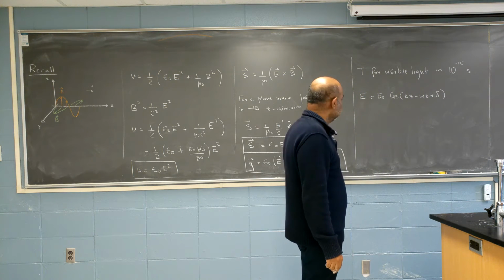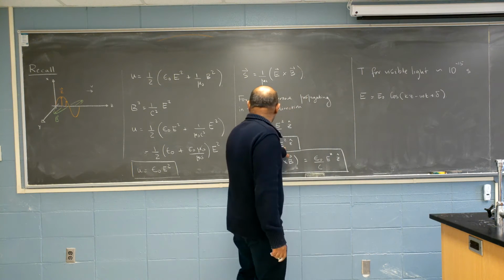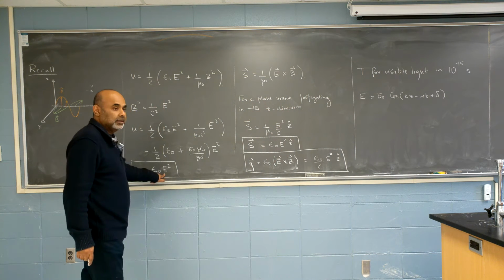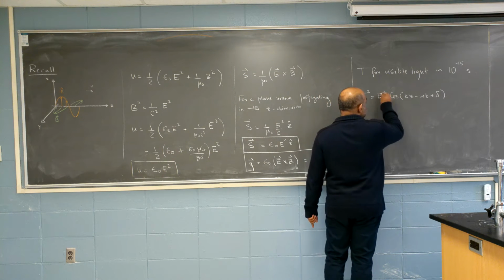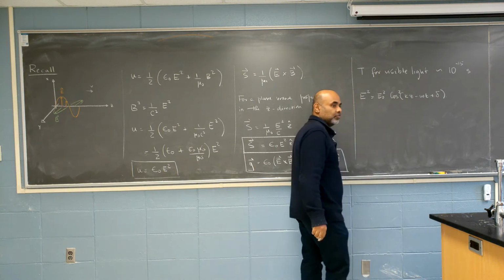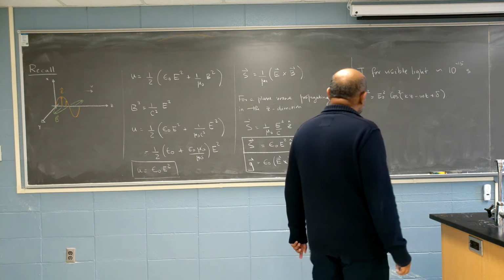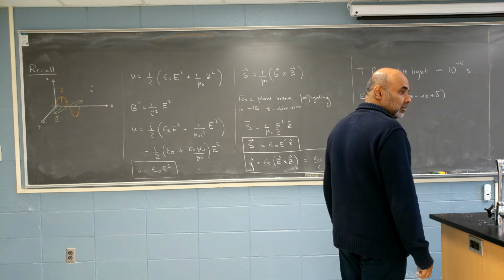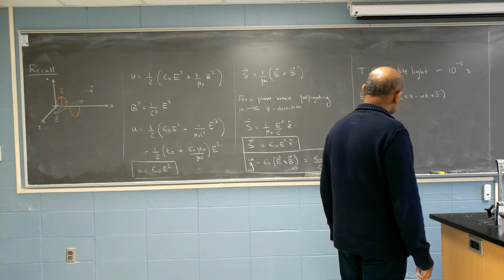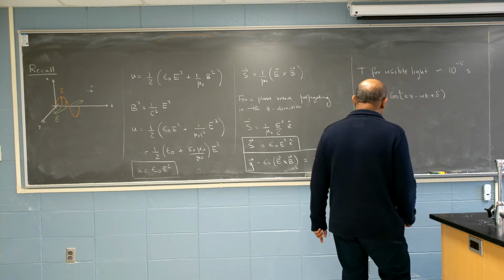Yeah? And of course, all of these expressions have E squared in them. So how do I get the average of this? What do I want to do?